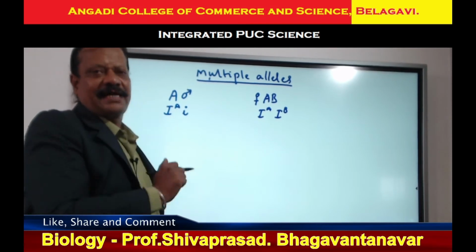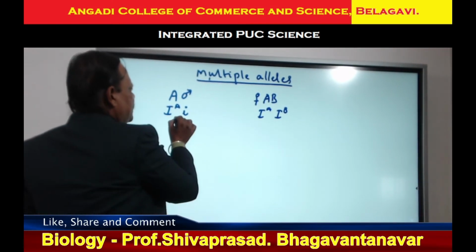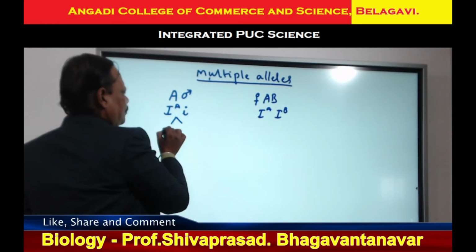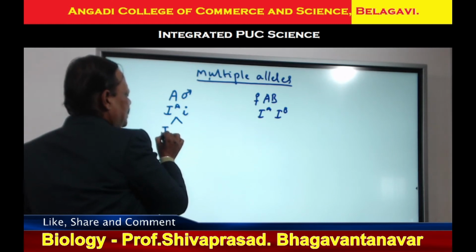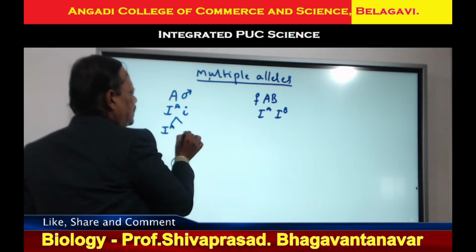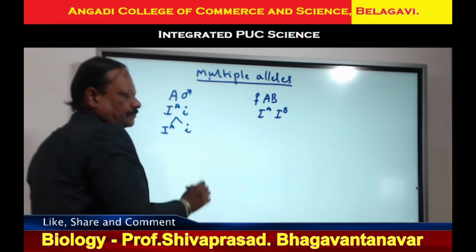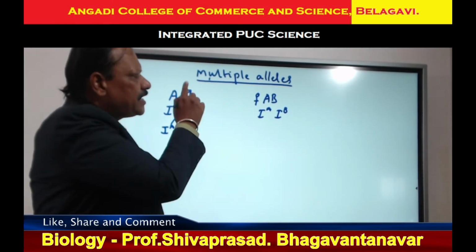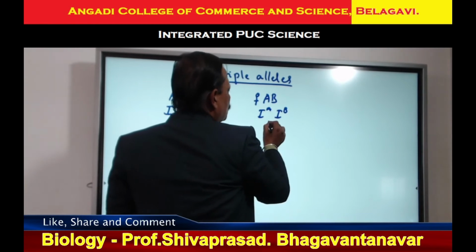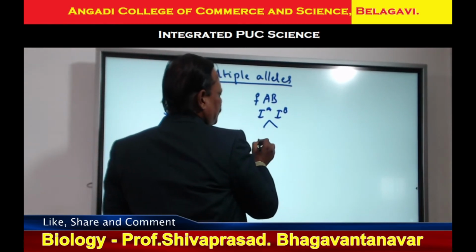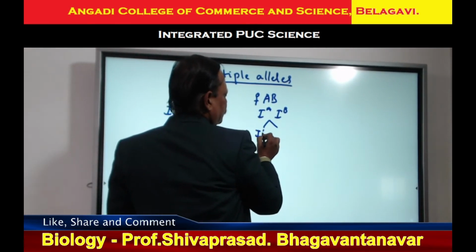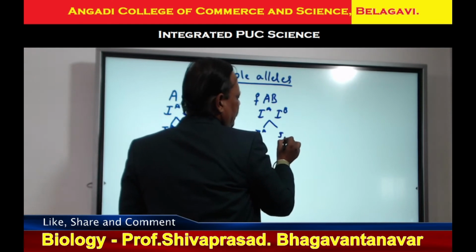Now the gametes are called. Here two types of gametes are produced, that is capital IA and small i. In the other case, again two gametes are produced, IA and IB.